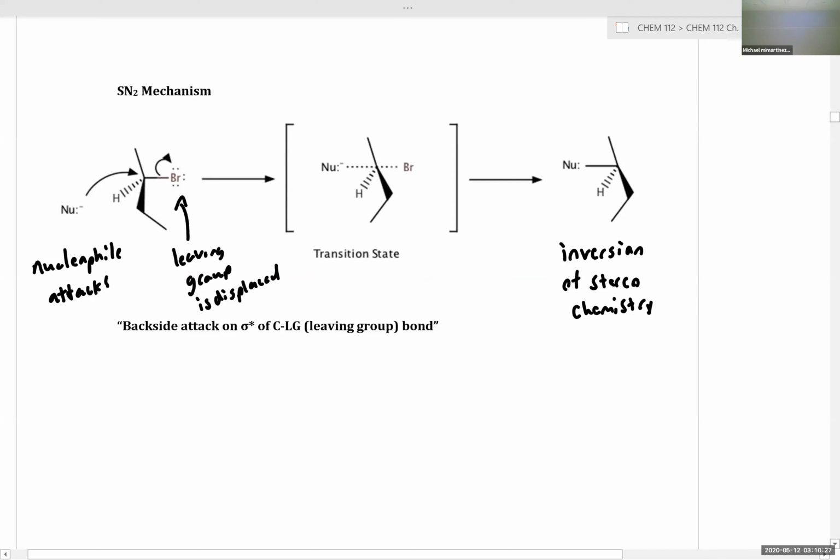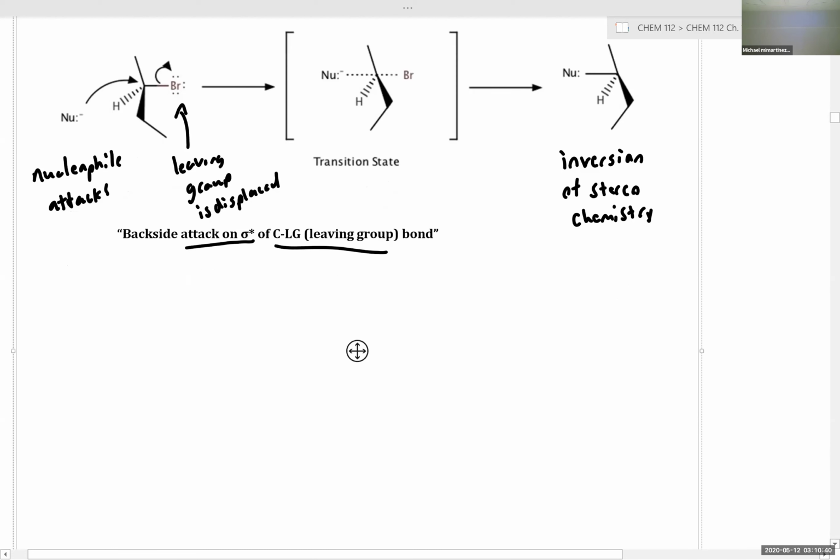Now, the reason why the nucleophile attacks opposite to your leaving group is that the nucleophile is engaging and attacking the sigma star of your carbon leaving group bond.